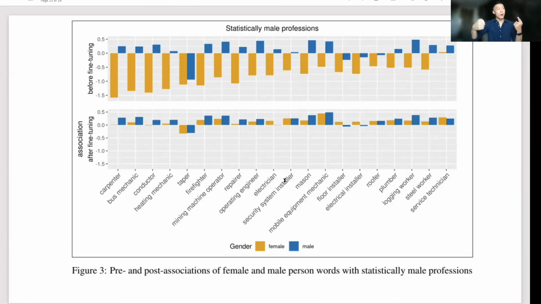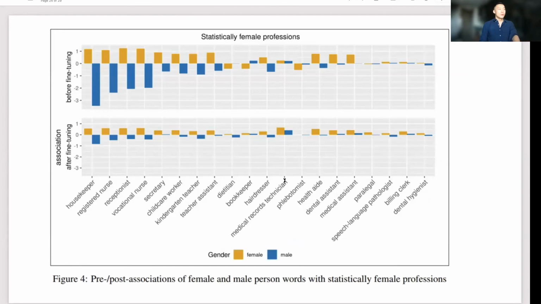So before you see that it's negative for female and positive for male. So it's going in different directions, positive or negative. But now you can see either both negative or both positive in almost equal amounts. So that's actually a success. So we could actually debias the model itself because you change the data and then the model behaves differently.